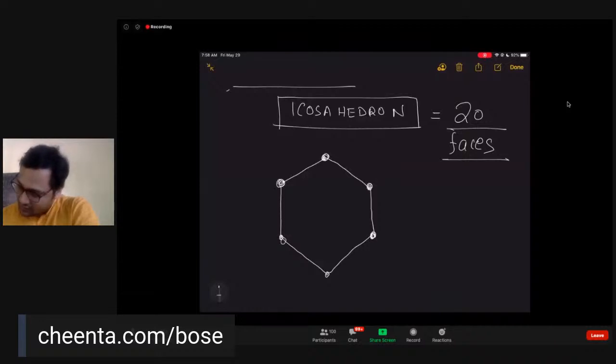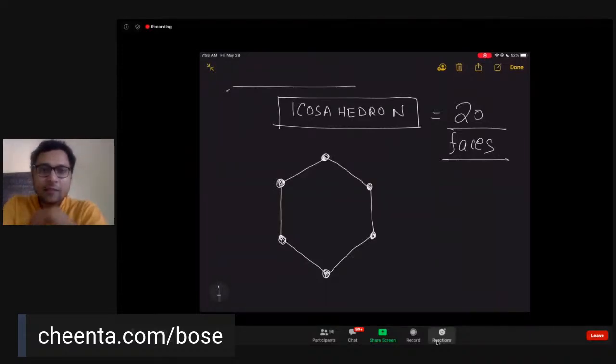And what we will do is draw a triangle in the middle of the hexagon.